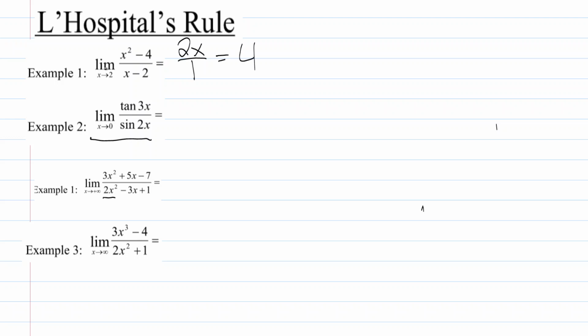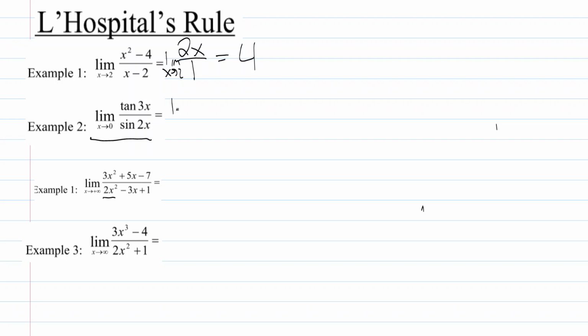You just plug in 2. Limit as x approaches 2 of 2x, which is 4. So pretty powerful. I didn't have to factor out the x minus 2 and x plus 2 on top and then cancel out the x minus 2's for the hole and figure out that it was going to 2 plus 2, which was 4. I could just do this. A little bit easier.